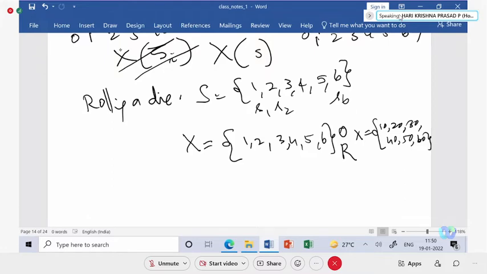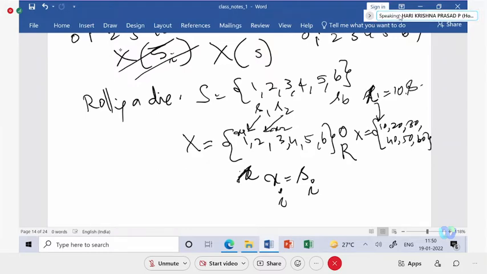In the first case, I have used the formula that S1 is mapped to X1, S2 is mapped to X2. So Xi equals Si. In the second case, S1 is mapped to 10. What is S1? Sorry, X1 is 10 times S1. Is it okay? So Xi is 10 times Si.